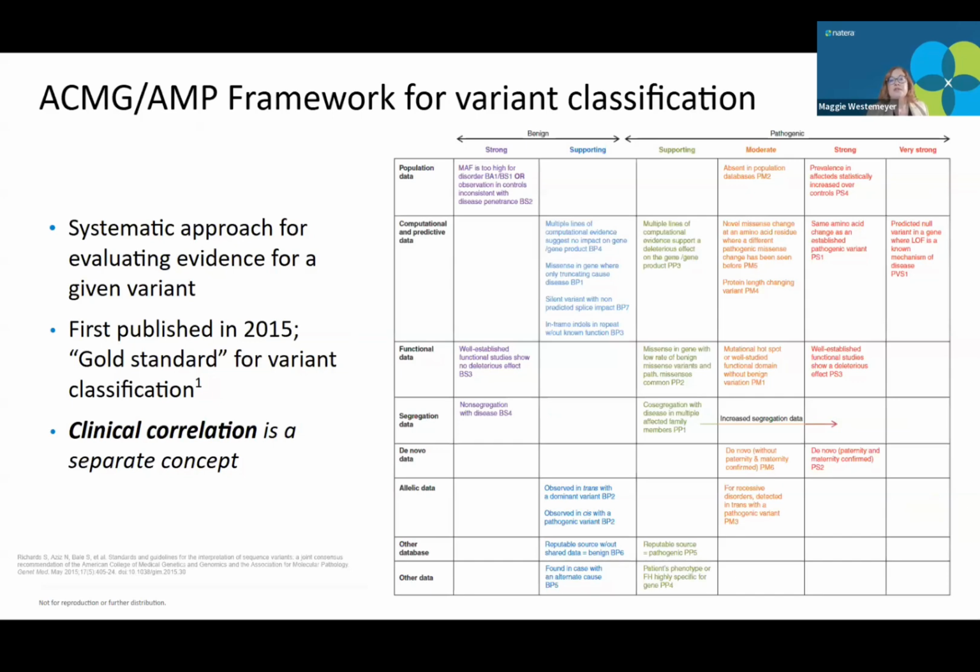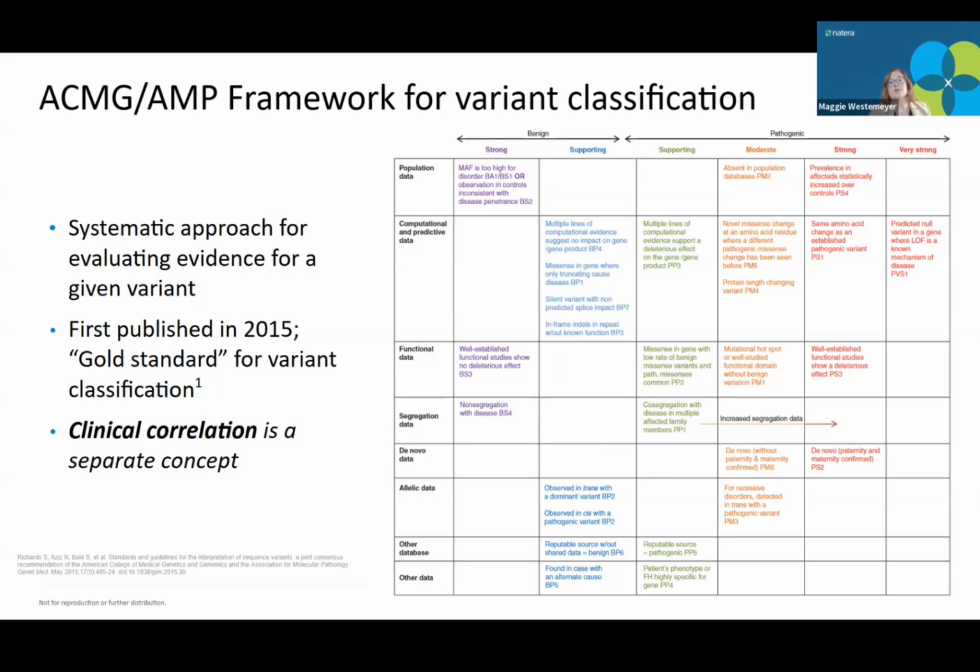The way in which we determine that is using a framework. Since 2015, the American College of Medical Genetics and Genomics and the Association for Molecular Pathology have provided us a framework in the laboratory for variant classification. It's a systematic approach that uses the evidence for a given variant, with classifications based on evidence from population data, computational data, functional data, segregation data, and even other sources.